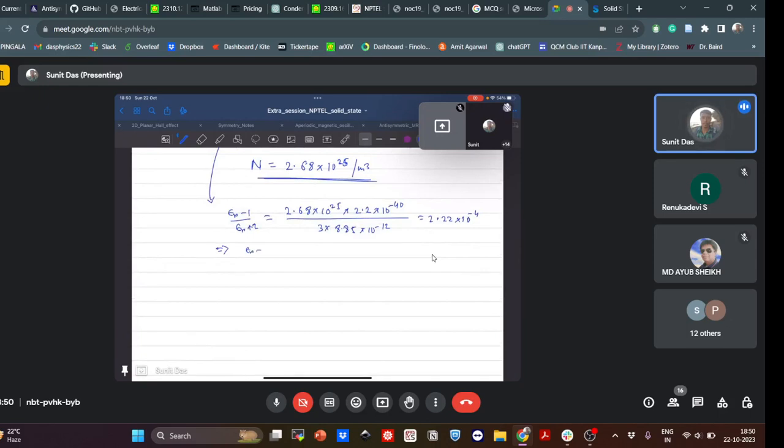So then epsilon r minus 1 over epsilon r plus 2 equal to 2.22 times 10 to the power minus 4.